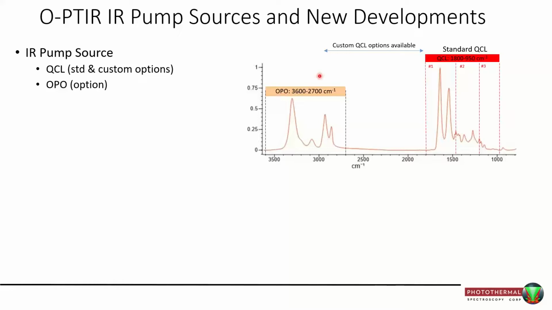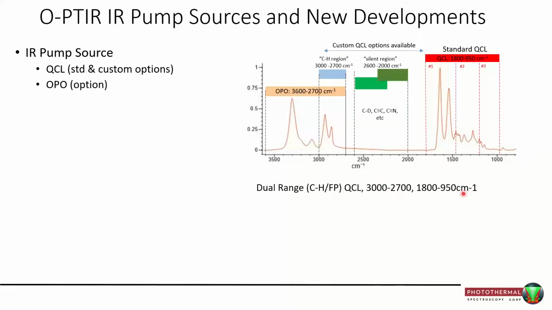But there are some options for the 4th empty slot of a QCL with some of these more custom options. My personal favorite is the CH chip, which covers the key CH region. That can be your 4th chip, so your one QCL will then cover your CH region and your fingerprint region, and that's a really exciting development.